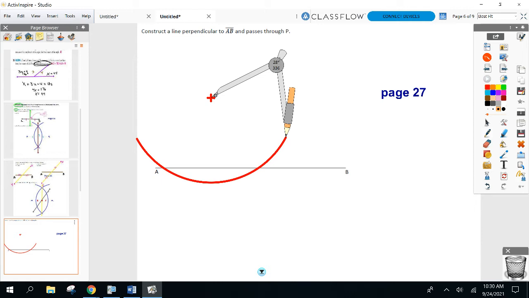Okay, open up your compass slightly wider now for the last 2 arcs. Go to one of those points of intersection. Put your compass point on one of those points of intersection and make one right below it. It doesn't have to intersect, but just make one right below it.